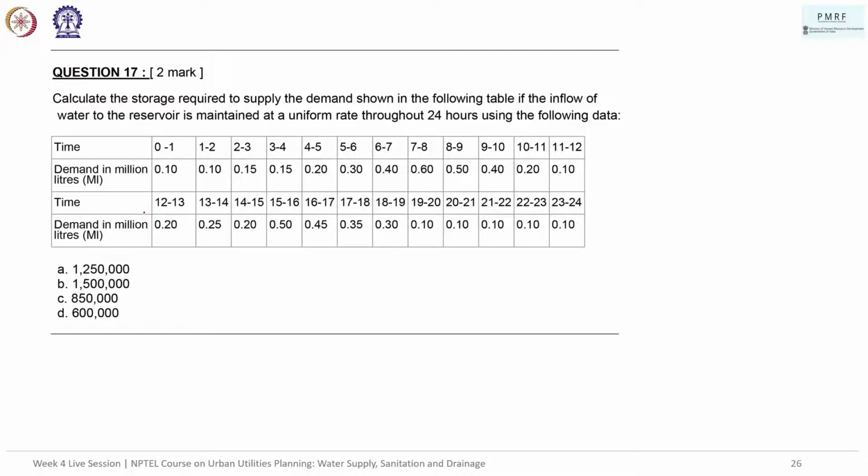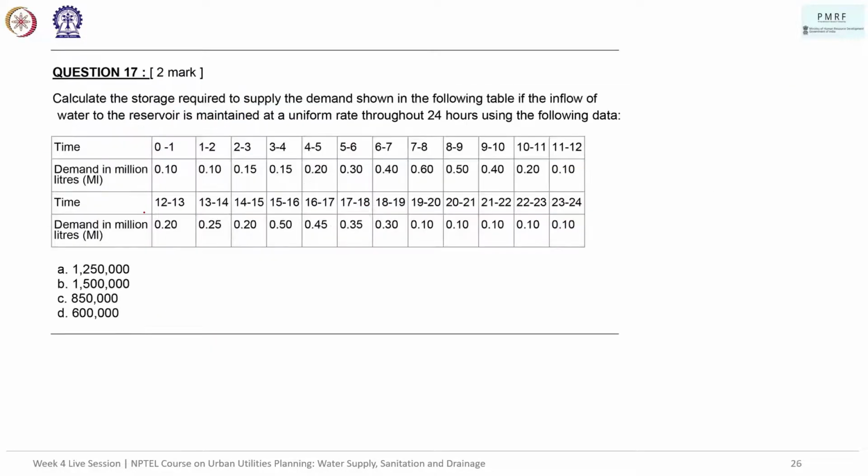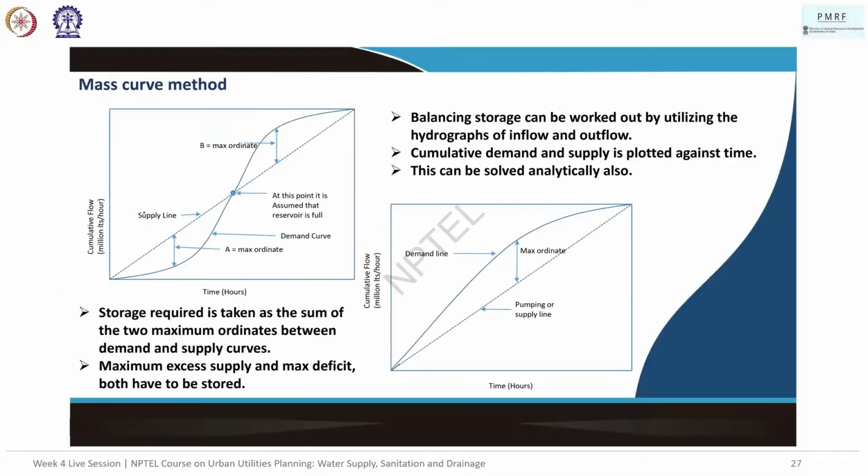So this is where we'll understand balancing storage in this numerical. Calculate the storage required to supply the demand shown in the following table, if the inflow of water to the reservoir is maintained at a uniform rate throughout 24 hours, using the following data. In the lecture, we were introduced to the mass curve method, right?